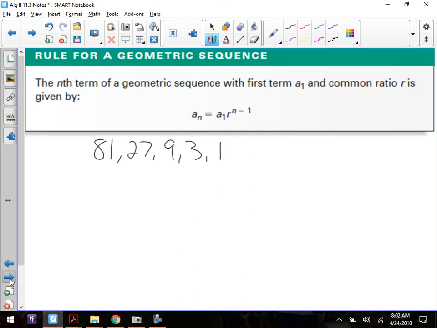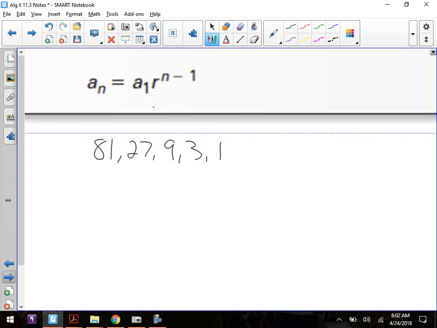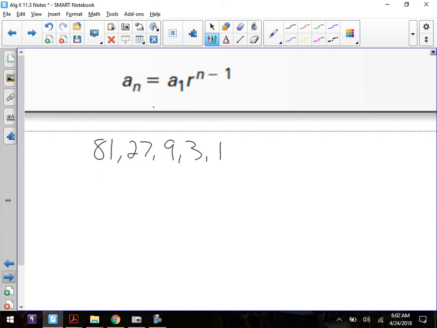So, when we're writing out the generic rule, blow this up a little bit. And I'll put the geometric stuff on this side. So a sub n is the first term times the rate to the n minus 1. Think of R as that common ratio. I don't want to say difference, it's the common multiplier.